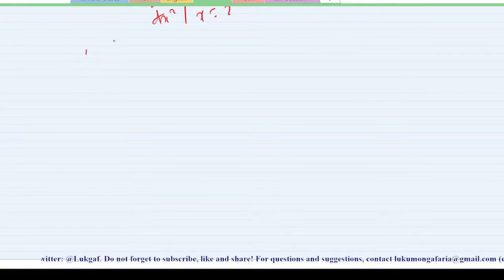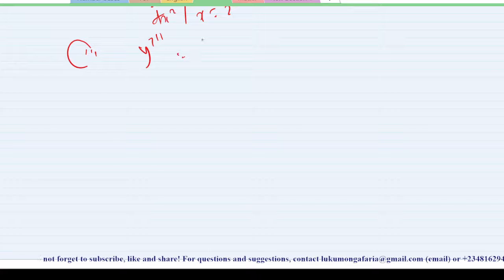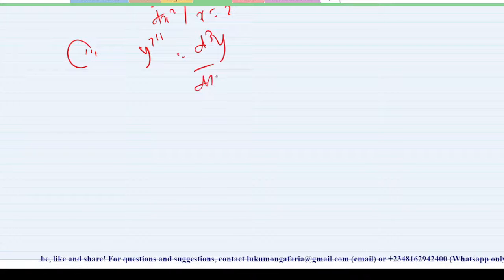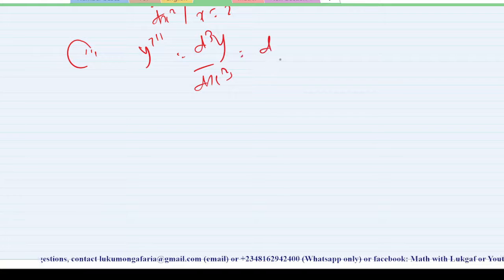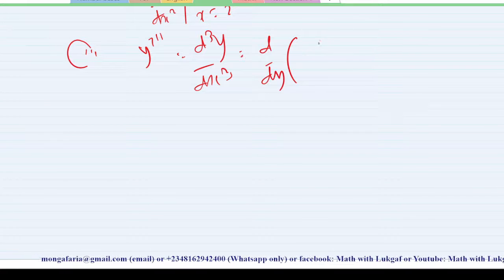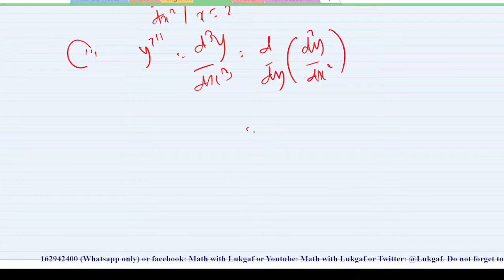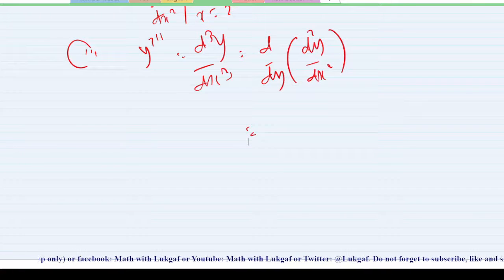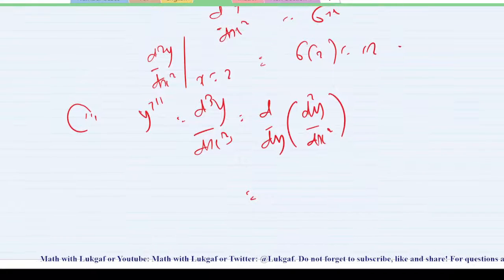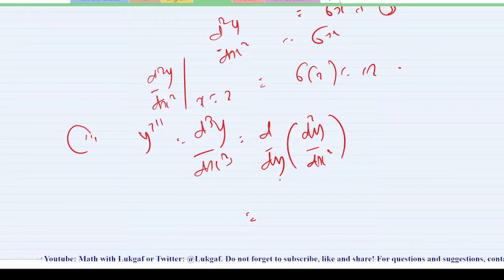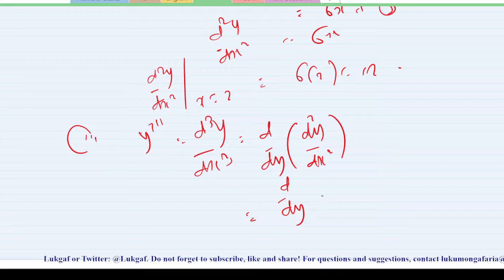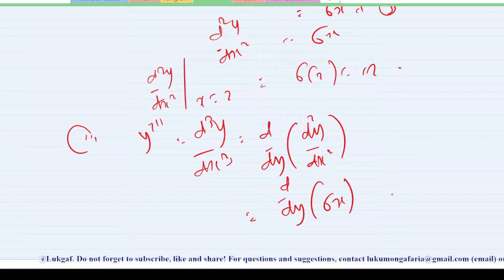And lastly, your y prime prime prime, which is the same thing as d cubed y dx cubed, that is your third order derivative, meaning you are to differentiate your second order derivative, d squared y dx squared. Don't forget, here we found that d squared y dx squared is 6x, and I'm going to differentiate 6x.